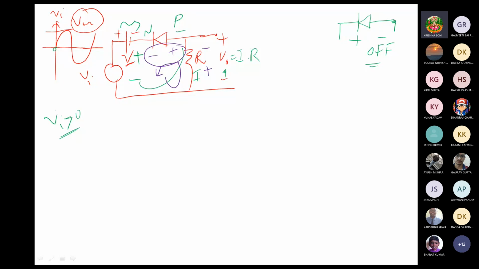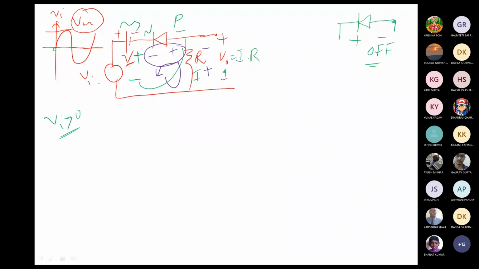In the positive half cycle, it is difficult to get the diode forward biased, because even after removing the potential source, we see that the diode is off with respect to the input voltage Vi when it has positive polarity on the upside and negative on the downside.